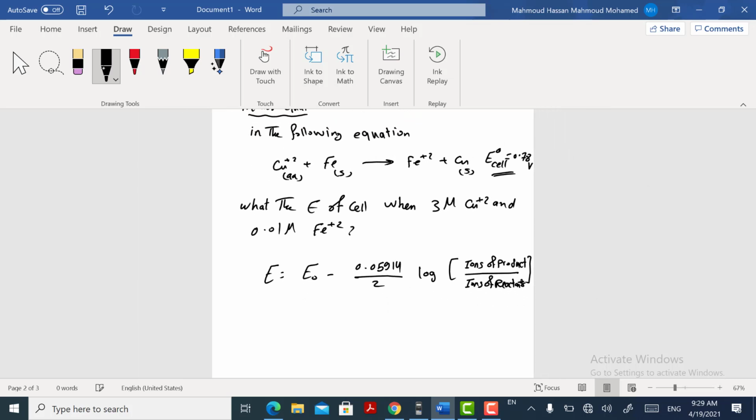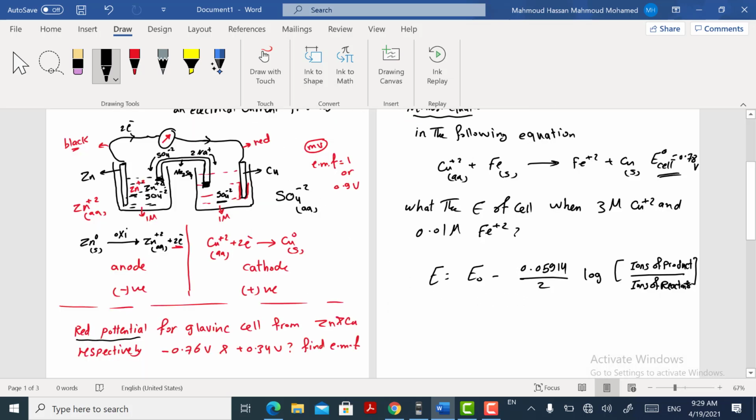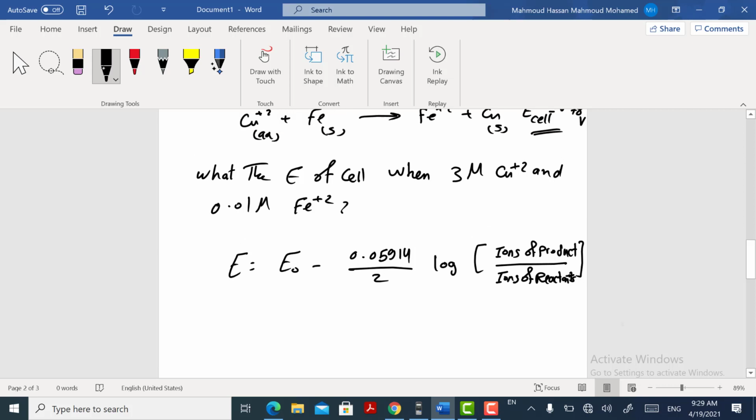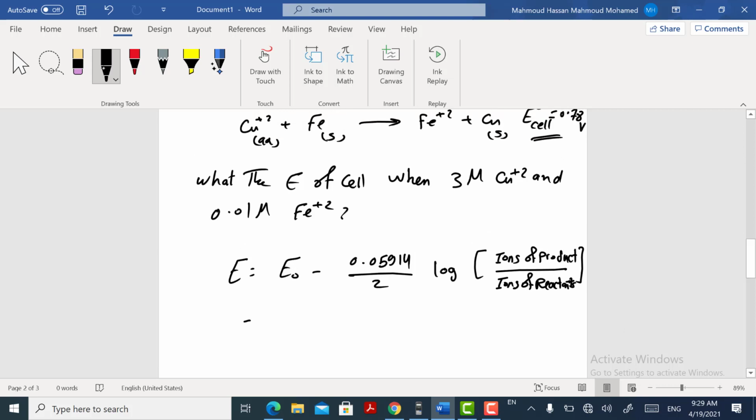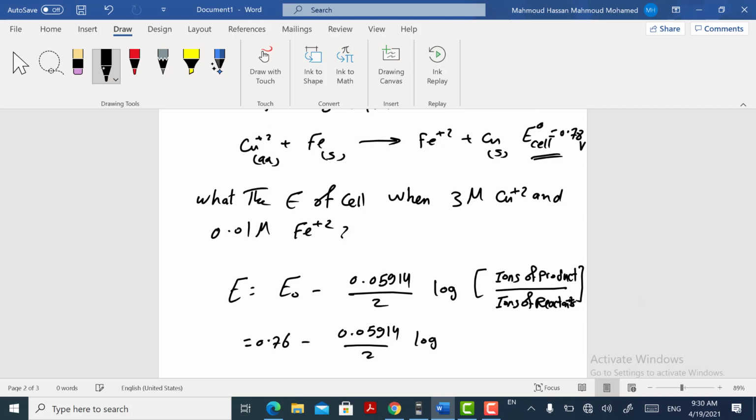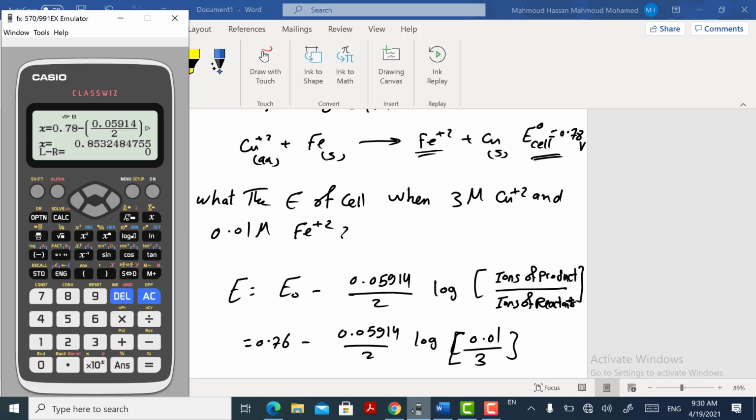This time we'll find E of the cell: 0.76 subtract 0.05914 divided by 2, log the concentration of the product, the iron, which was 0.01, divided by the concentration of the copper, 3. Calculate it, start to calculate it.